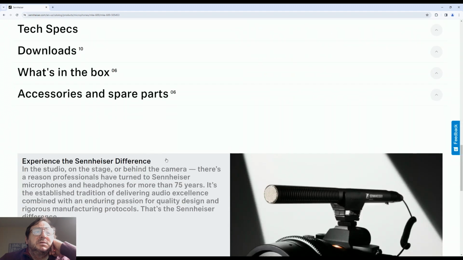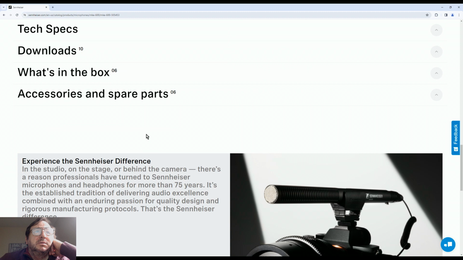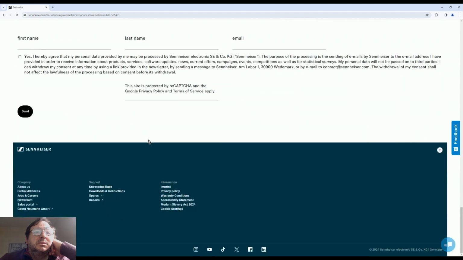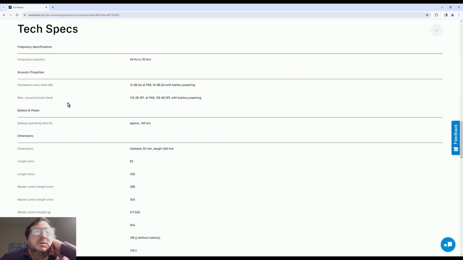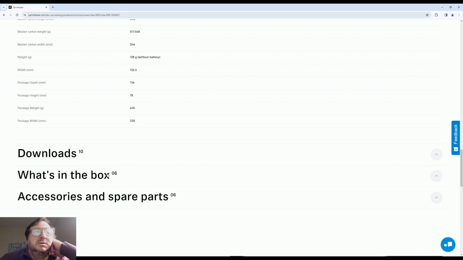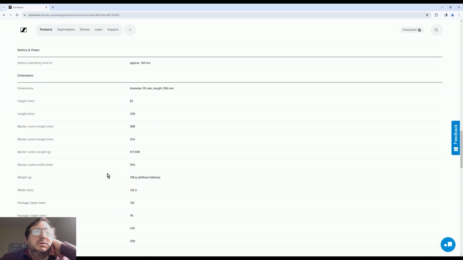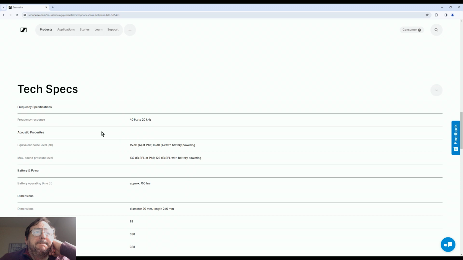Tech specs. What happened? Okay. I don't see it.